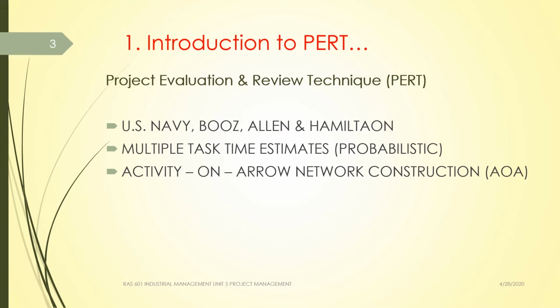If optimistic time is represented by symbol A, pessimistic time by symbol B, and most likely time by symbol TP, T suffix P, that is probabilistic time or most likely time, or we can use any other symbol also, then we can find out the estimated time as A plus 4 times the most likely time plus B, that is pessimistic time, divided by 6. It will provide me the average time.